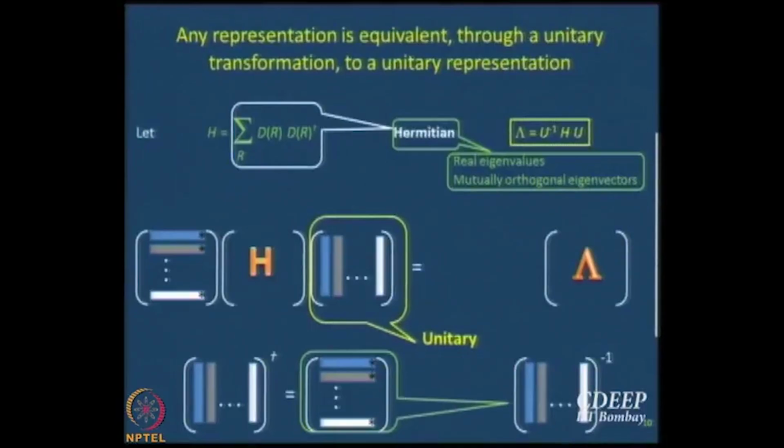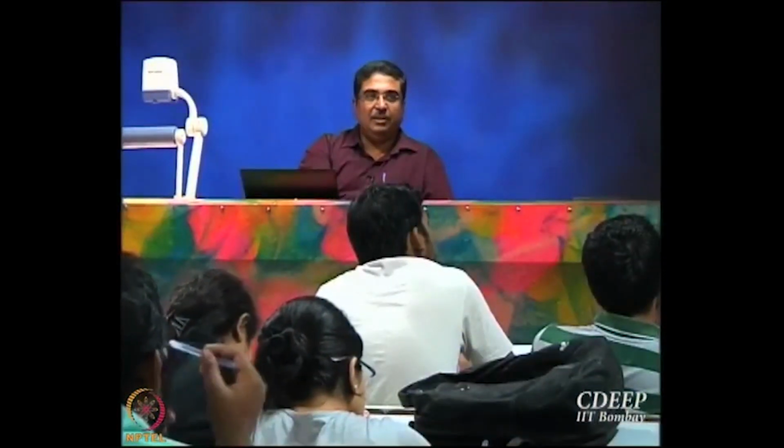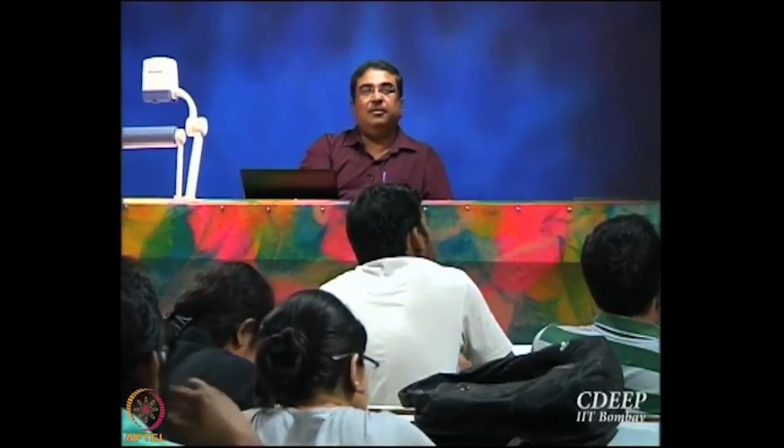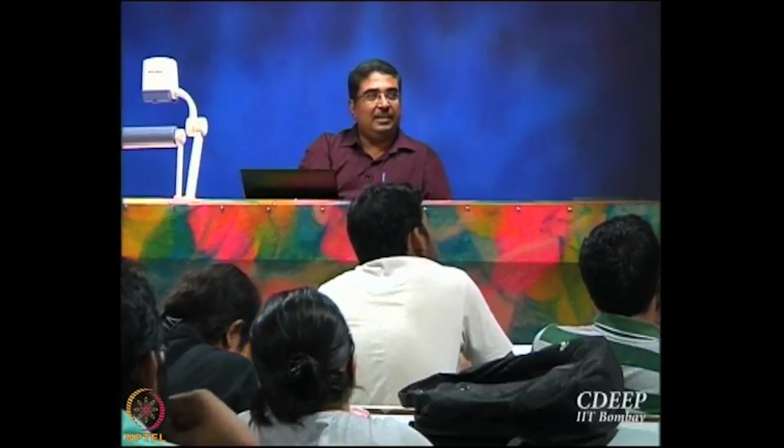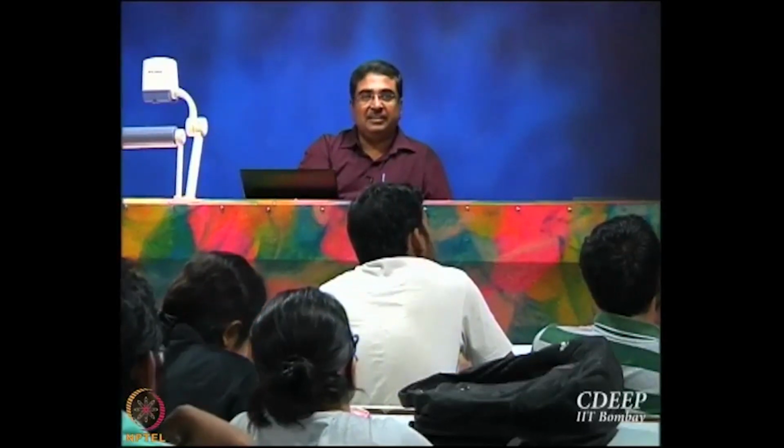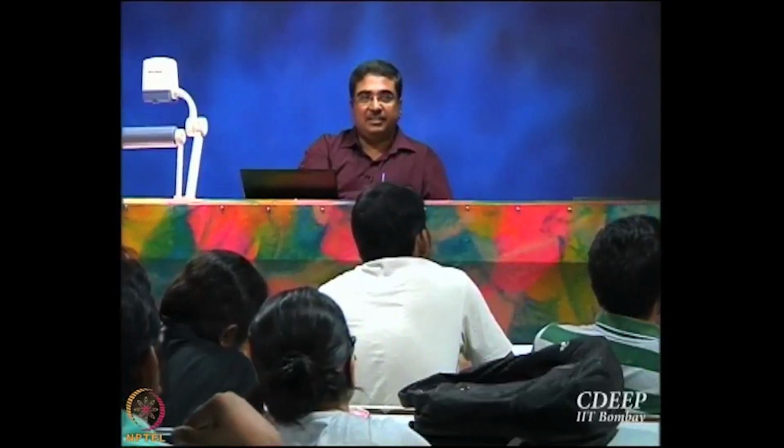The matrix which has the eigenvalues of the Hermitian matrix along the diagonal and 0 everywhere else is obtained by a unitary transformation of the Hermitian matrix. Okay. But while we say this, please do not forget that this is not just any unitary matrix, it is a particular unitary matrix. Which matrix is that? It is a matrix of the eigenvectors. Okay, so far so good. Any question?